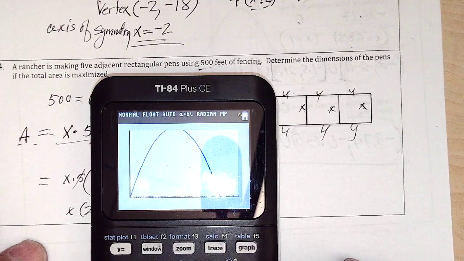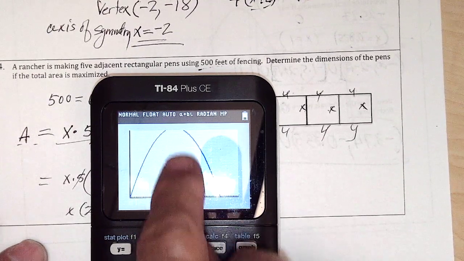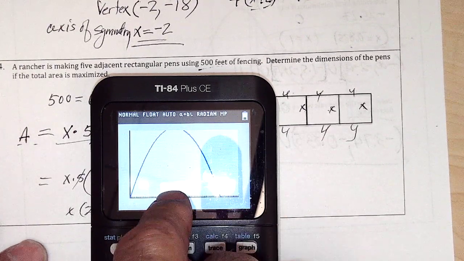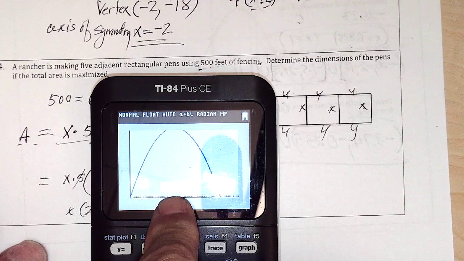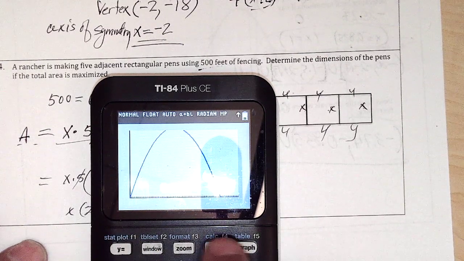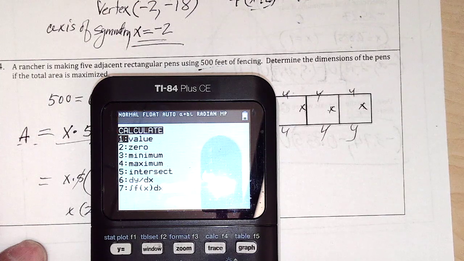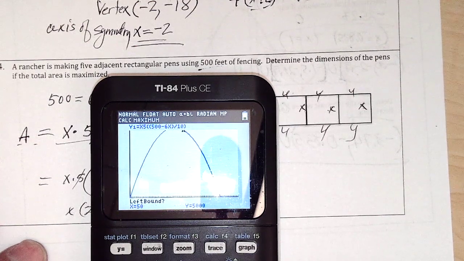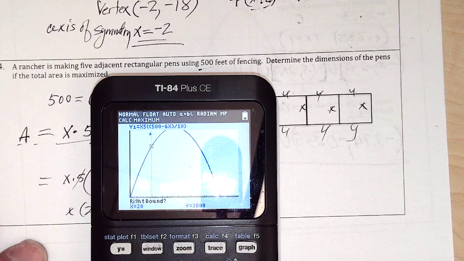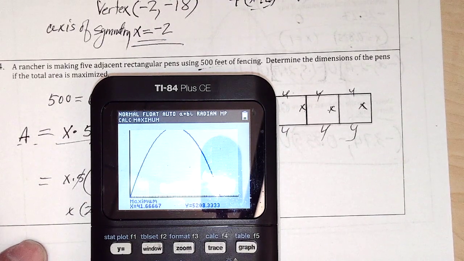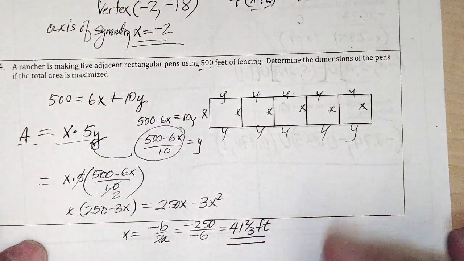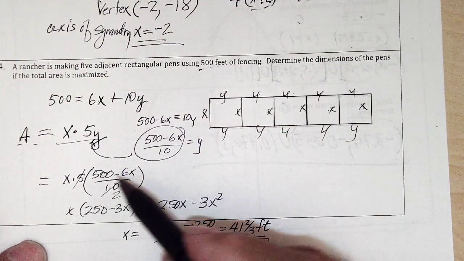Still goes off the graph, but you can see it, and a height somewhere in here gives the maximum area. Second, calculate the maximum. That's somewhere between 20 and 70, and my guess will be 50, and it says nope, 41 2/3. So that's getting it from just graphing it.